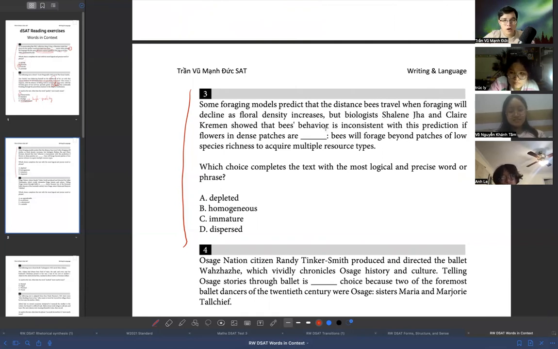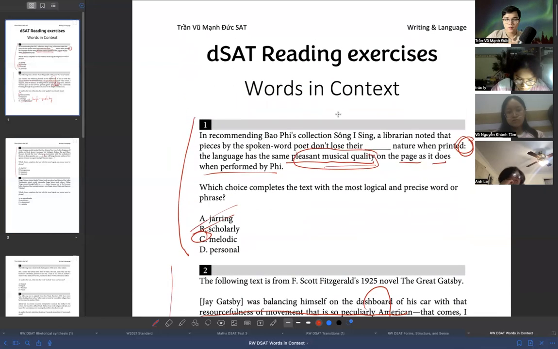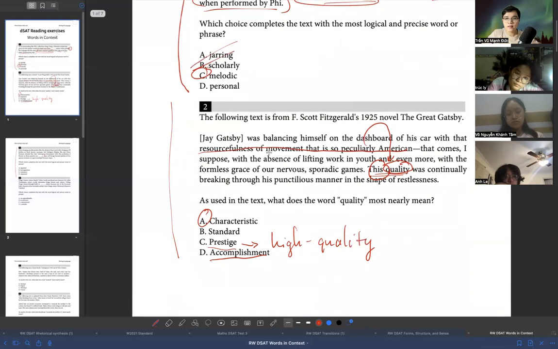You see there's a colon here, so it's explaining the previous clause, the previous sentence. It explains the previous idea. So the main focus, the clue that we are going to have to look for here, is after the colon. So when it comes to word in context, it's not the words we're looking for, it's the context. We have to look for the clues within the context itself. So in this case, the colon, we have to look for the clues after the colon. And in this case, this quality, so we're going to have to look for what this quality means.